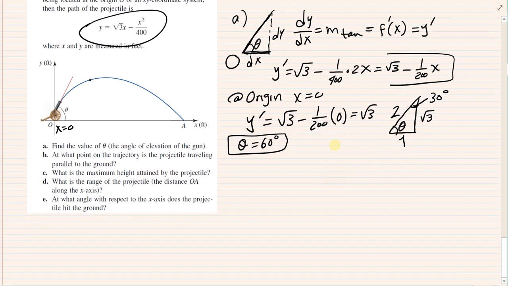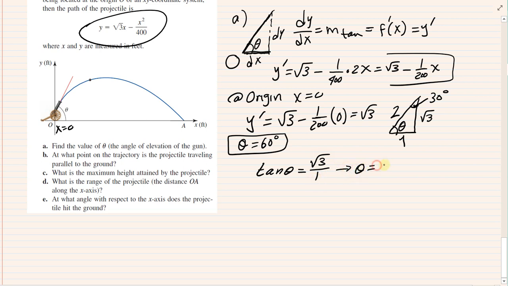Or you can also do it this way to get that 30 degrees. I know that we want to find theta, right? We want to find theta. So if I get tangent of theta in this triangle, that's root 3 over 1.